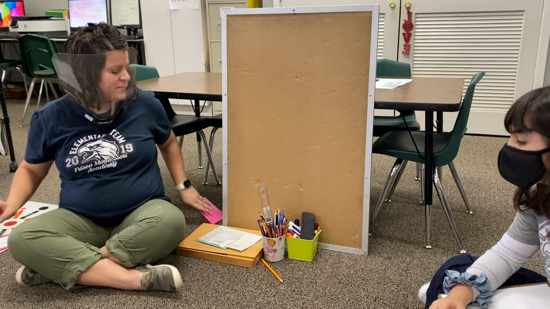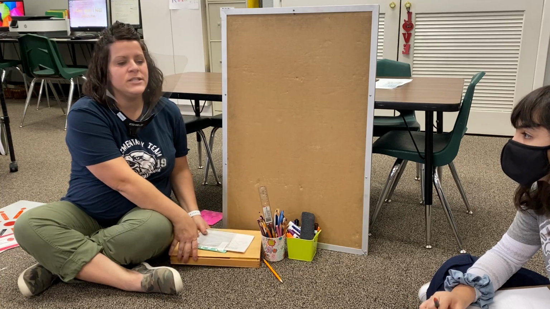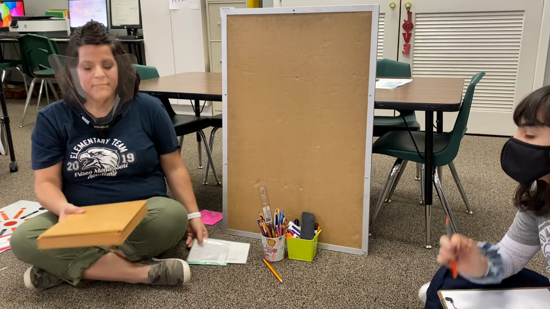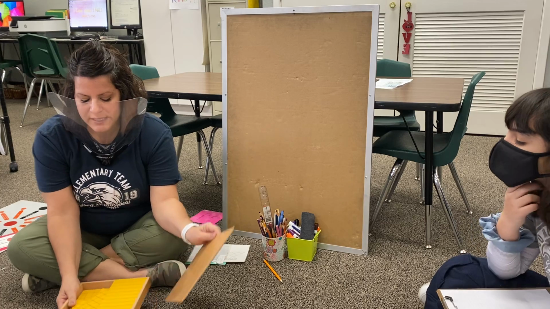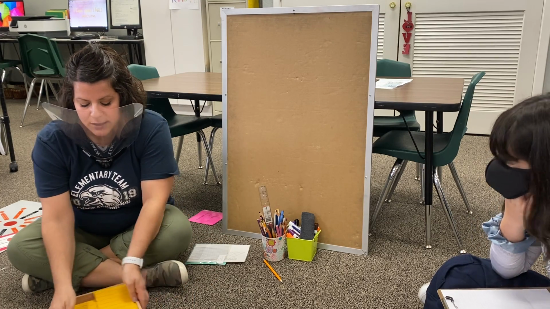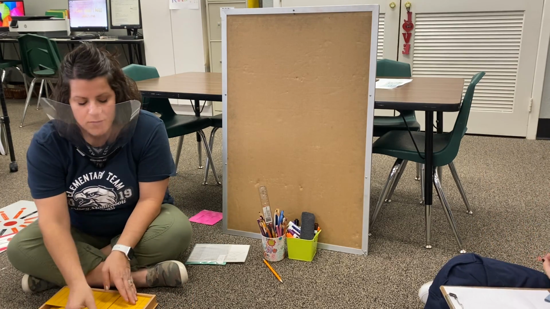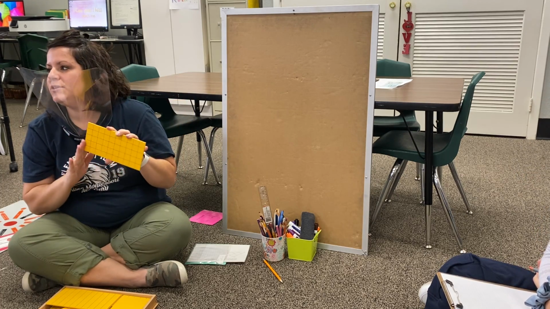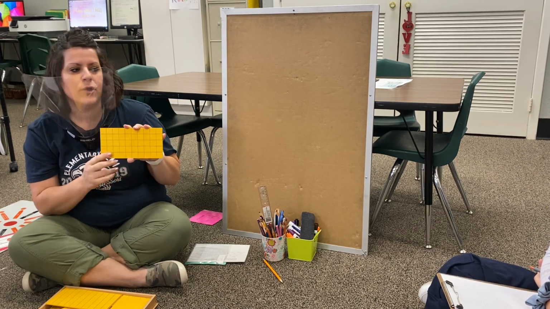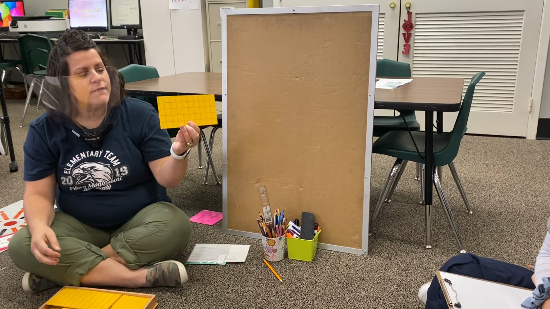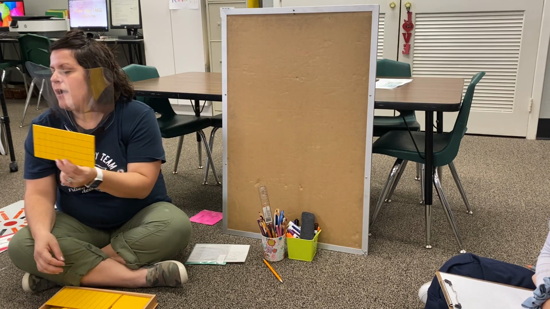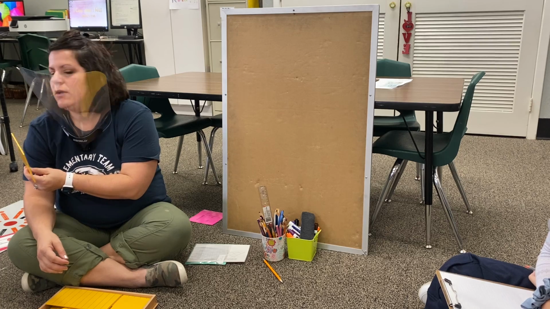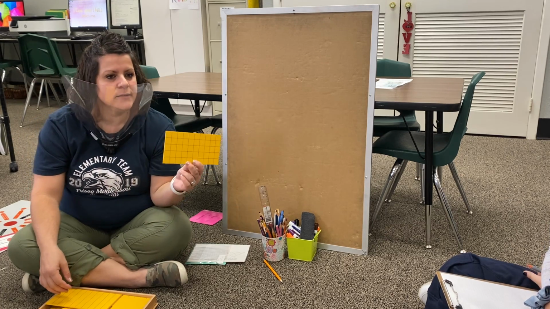In geometry, we have been talking a lot about area. When we are talking about area, so far we have talked about a square or a rectangle. When we are finding the area of a square or a rectangle, what is my formula?